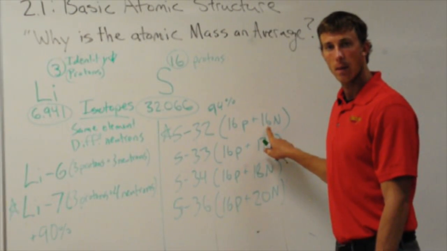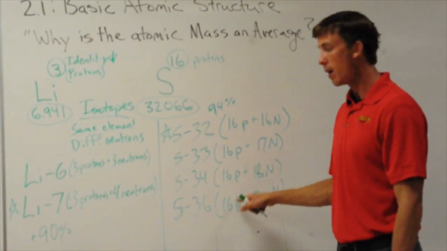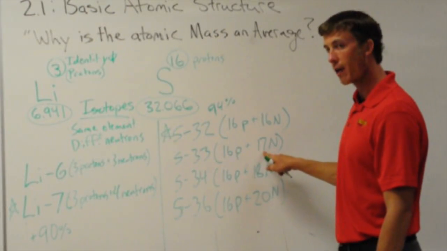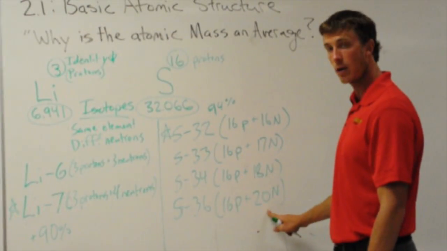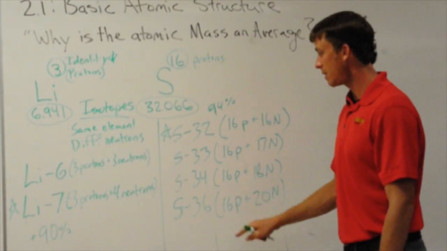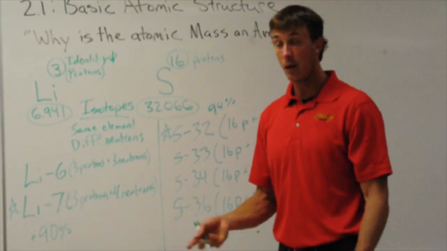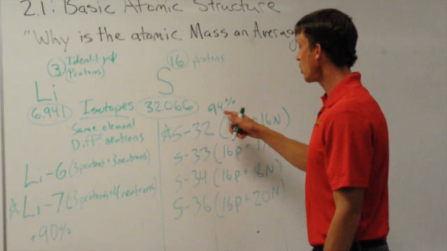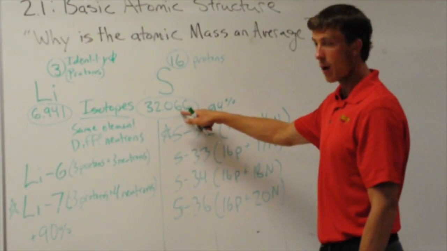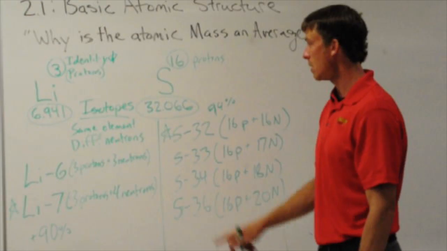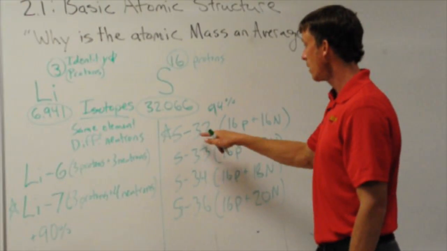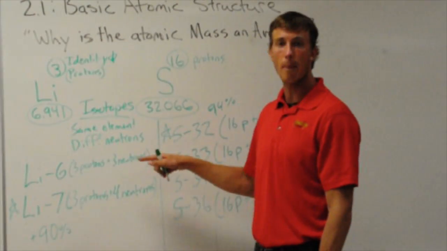Okay? The rest of them are pretty rare. So most sulfur atoms do not have 17, 18, or 20 neutrons, but they all have 16 protons. The average of all of the atoms, because there's billions of these, is this number right here. So the most common one must be sulfur S32, which is the isotopic notation.